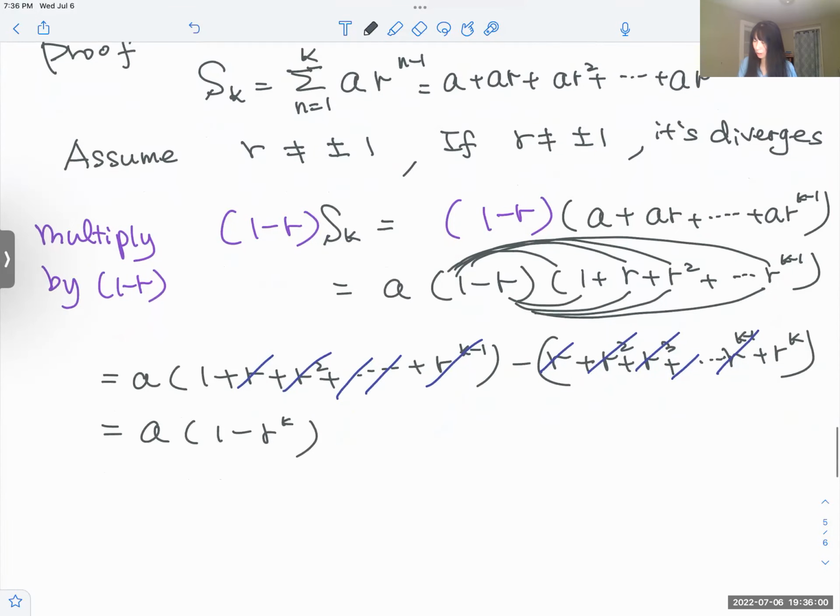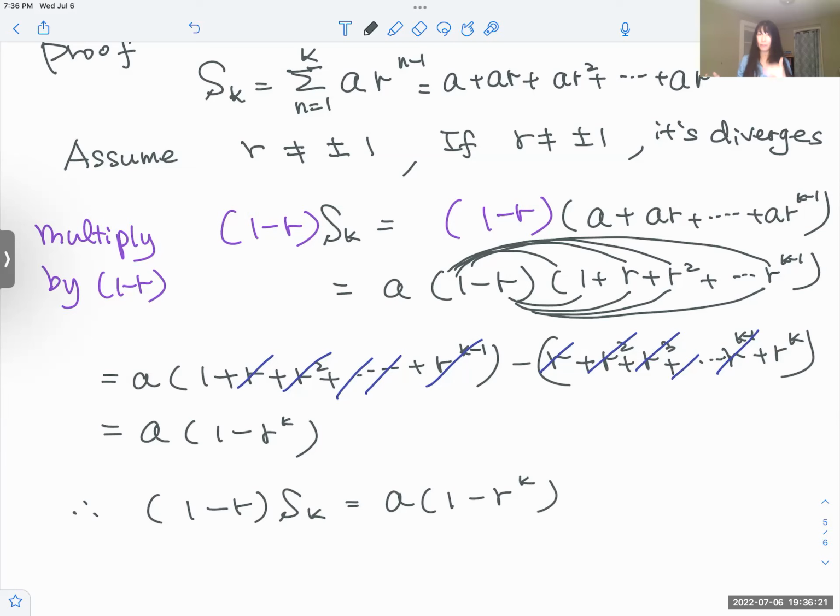Then from the left side, we have 1 minus r times S sub k equal to a times 1 minus r to the k, right?